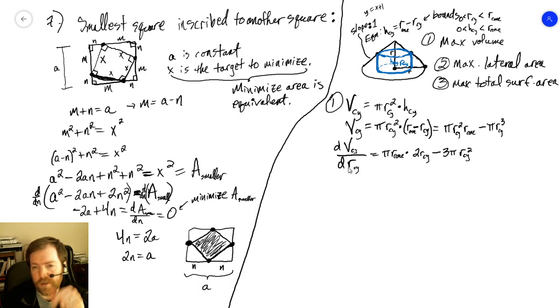And then dV/dr is going to be 0, again to maximize the volume. We get 0 equals, we have 1 pi and 1 radius of the cylinder.